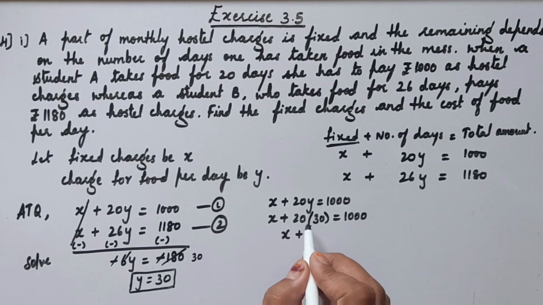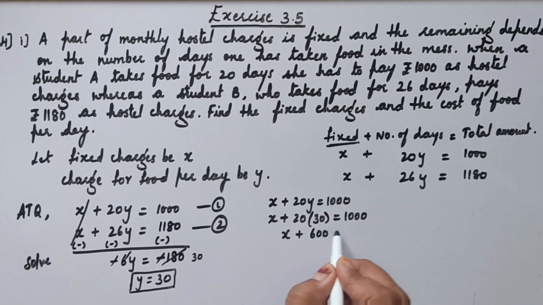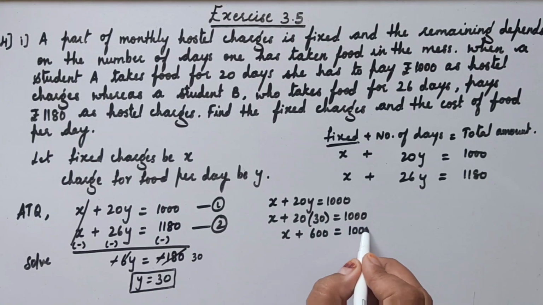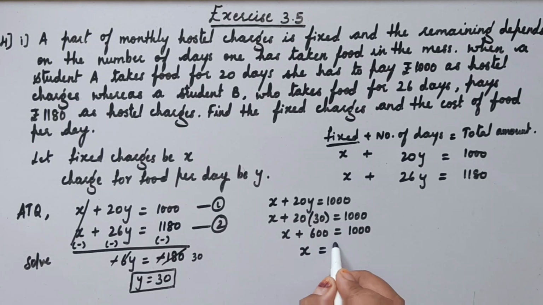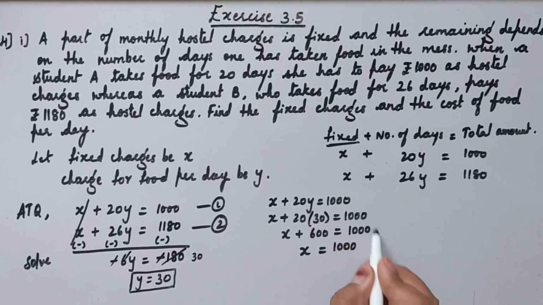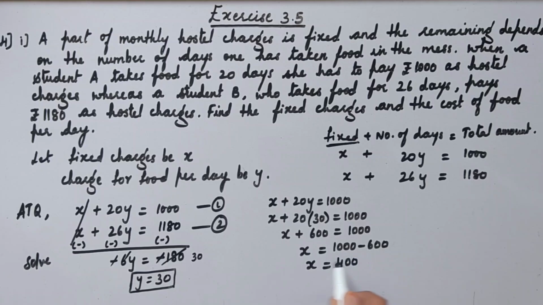These two should be multiplied, I get 600, so x plus 600 equal to 1000. Shift the 600 to the other side, so x equal to 1000 minus 600 which is 400. So the fixed charges is 400 rupees.